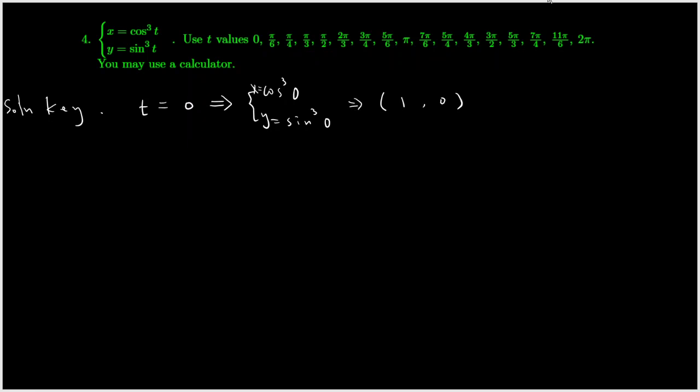So does that make sense? Again, you need the trig values. It depends. In some cases, you do need the direction. In some cases, you don't. You do not have to indicate the direction on the curve.